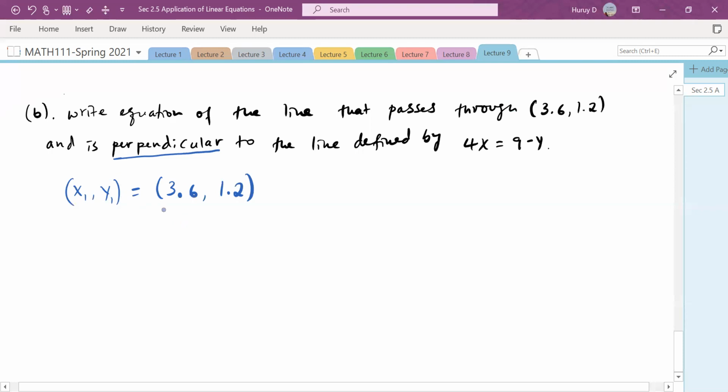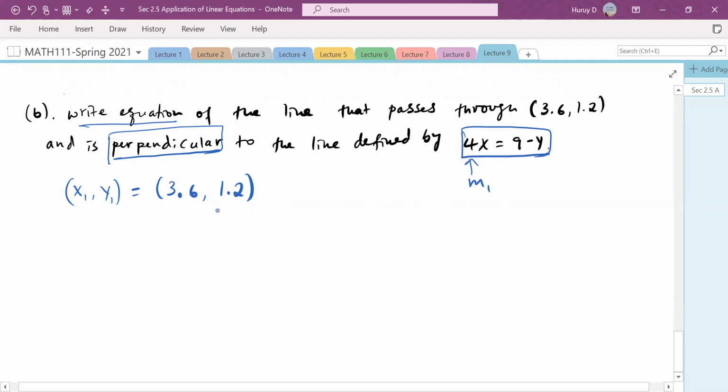So we know the line passes through this point and it's perpendicular to this line. Now, the information that the two lines are perpendicular helps me to find the slope of the unknown line. Therefore, I need to find the slope of this line. So let's call this one M1, and the other one will be M2.